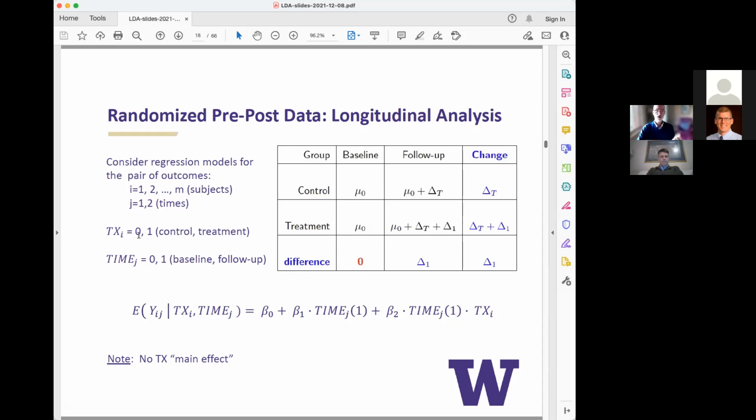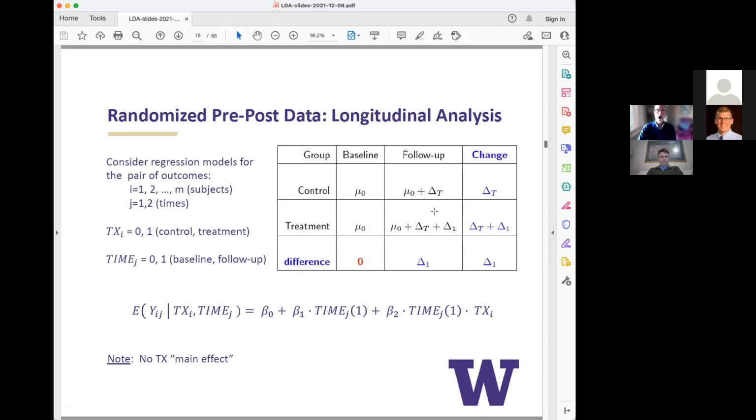So we would build 2 predictors. We would say there's a treatment group indicator, 0, 1, and there's a time indicator. And I want to just acknowledge in this one, it's really times 1 and 2. More generally, we could encode multiple times with multiple dummy variables.